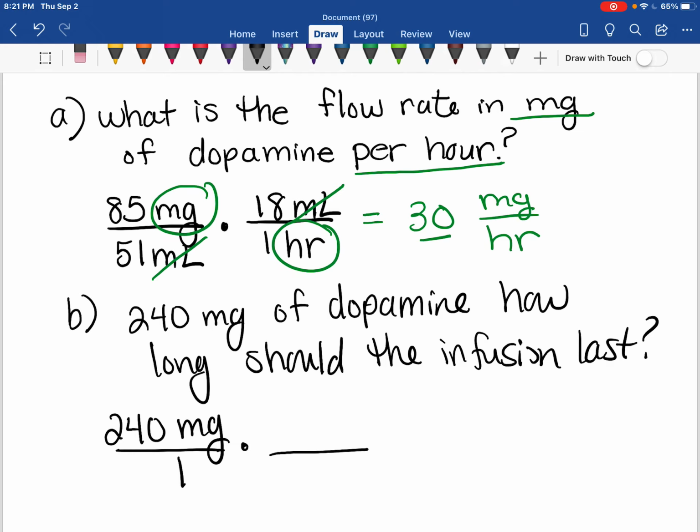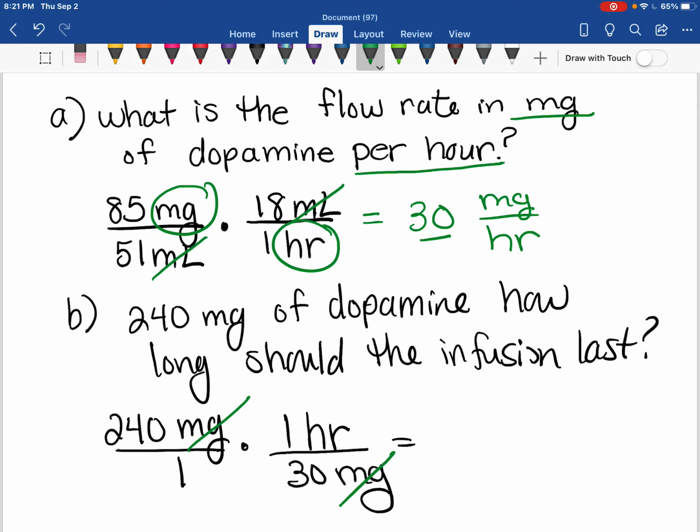I know for every hour, I have 30 milligrams. So I can cross off my milligrams here. And then across the top, I have 240 times 1. And then across the bottom, I have 1 times 30.